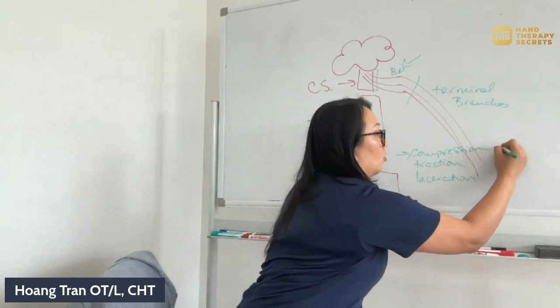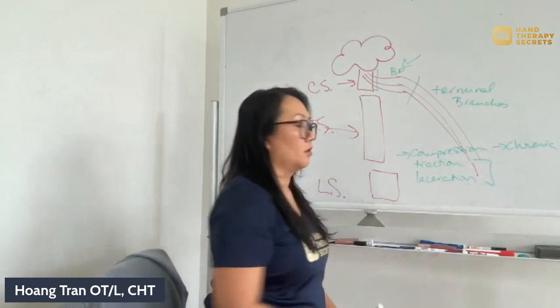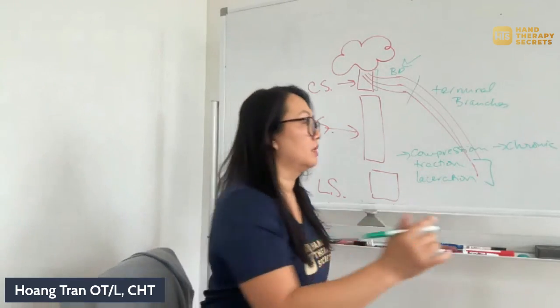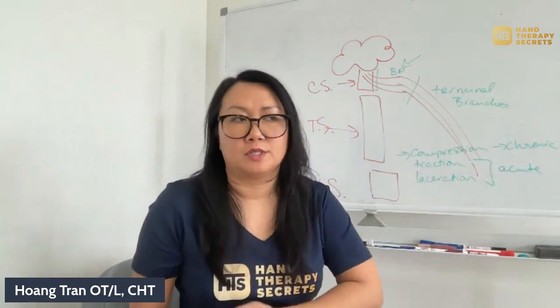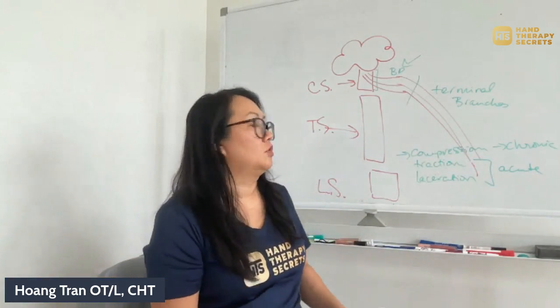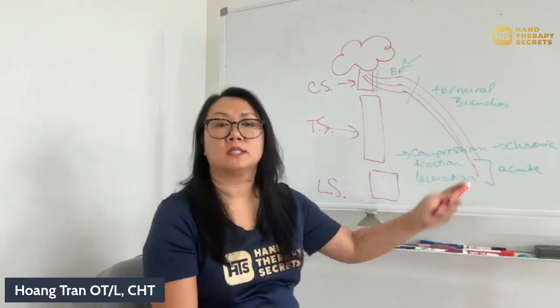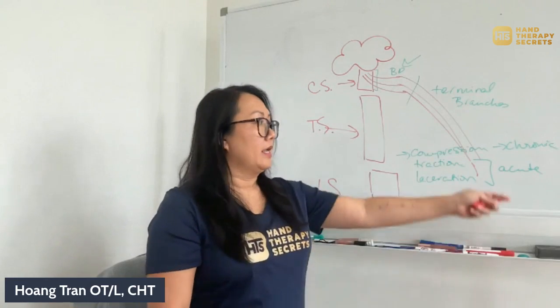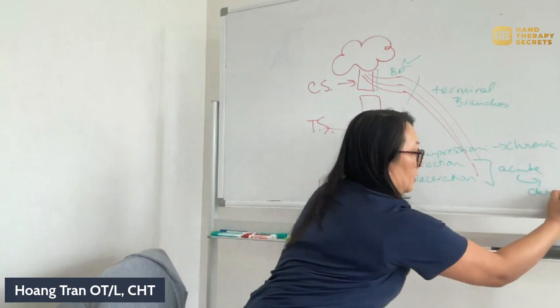So this is our chronic type of injury. Traction or laceration are considered acute types of injuries, because you don't just cut a nerve or pull on a nerve. Something has to happen for that to happen. And from an acute injury, it can then become chronic.